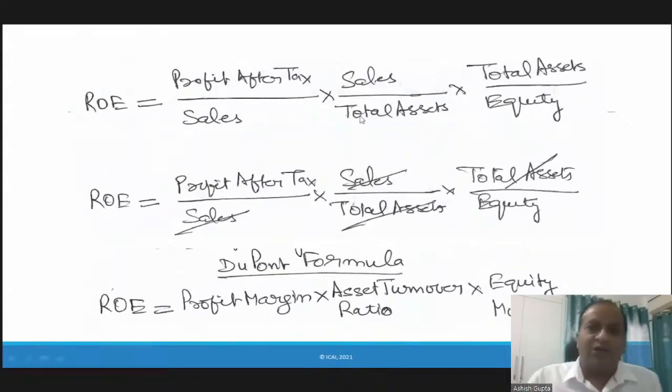Please put pressure on your mind and recall. Yes, it is the DuPont formula. In the DuPont formula, ROE is profit margin into asset turnover ratio into equity multiplier. This is profit margin, this is sales upon assets, the asset turnover ratio, and this is total assets upon equity.